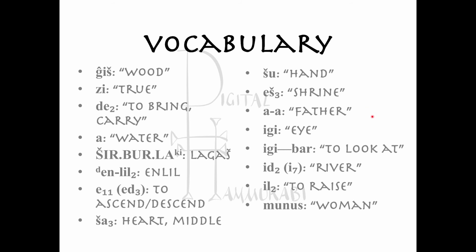A is father. Iggy is eye. Iggy bar is to look at. This is another one of those compound verbs. Id2 or I7 is river. So I7 has a D auslaut. Il2 is to raise or to carry. And then finally, munus is woman.